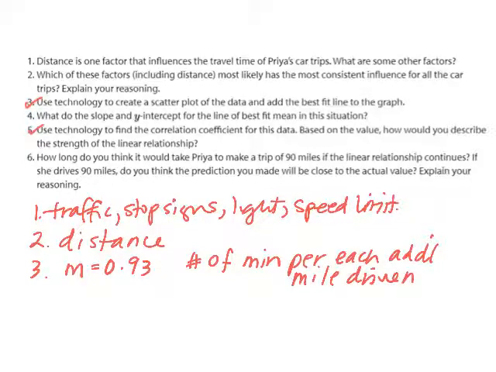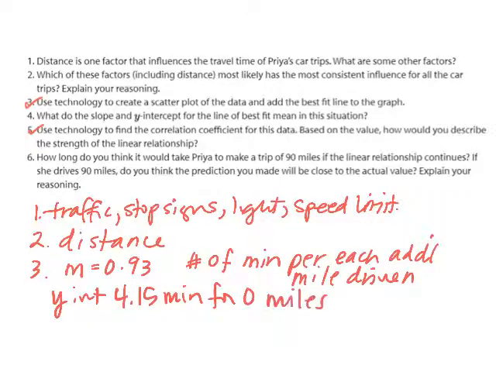So just less than 1 minute for each extra mile. And the 4.15, your y-intercept, means that's the number of minutes to go 0 miles. So that's maybe getting in the car, turning on the car, setting the radio, that kind of stuff. So it's how many minutes for no miles. I'm sorry, that was number 4.